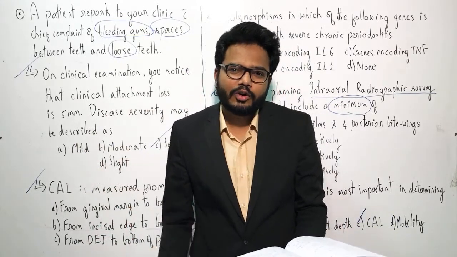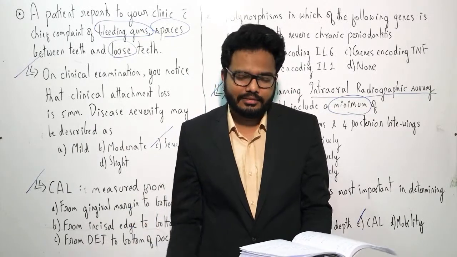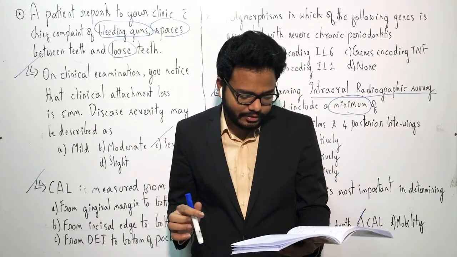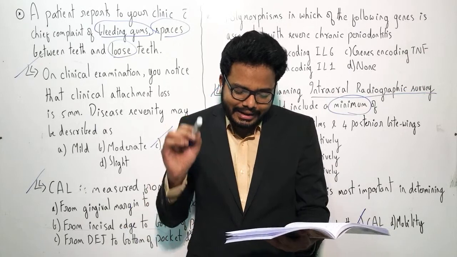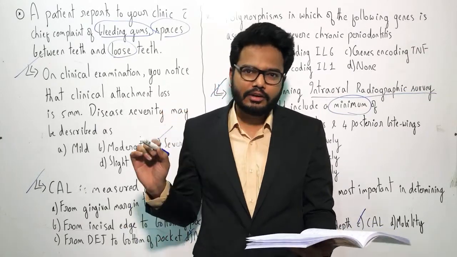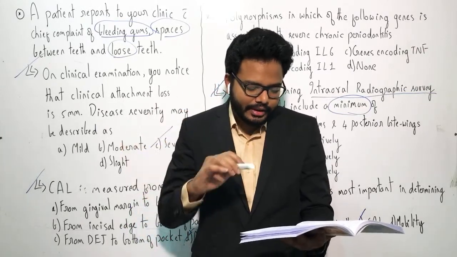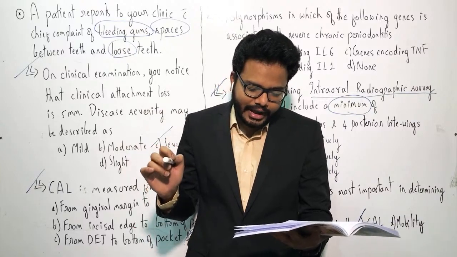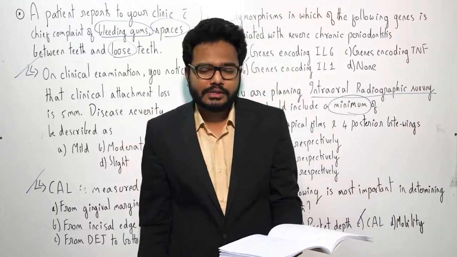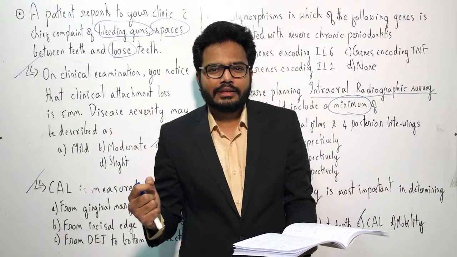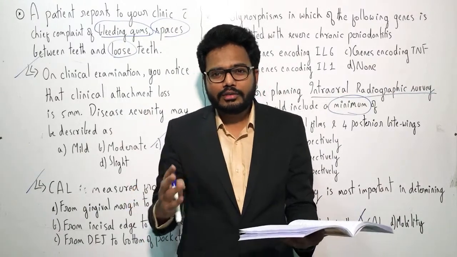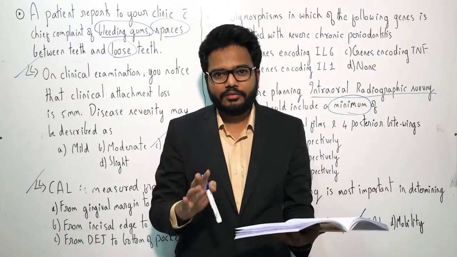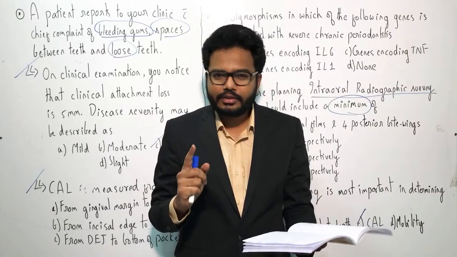So in which of the following is the disease severe? I'll repeat the question. Shallow pockets attached at the level of the apical third of the root is one case. The second case is deep pockets, which are attached at the coronal third of the root. So in which of the following is the attachment loss more, or the disease progression severe, right? So that's the first question.